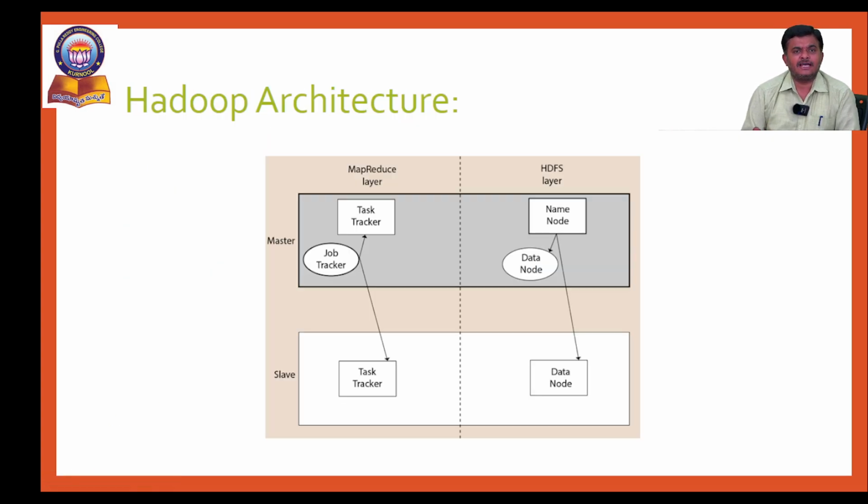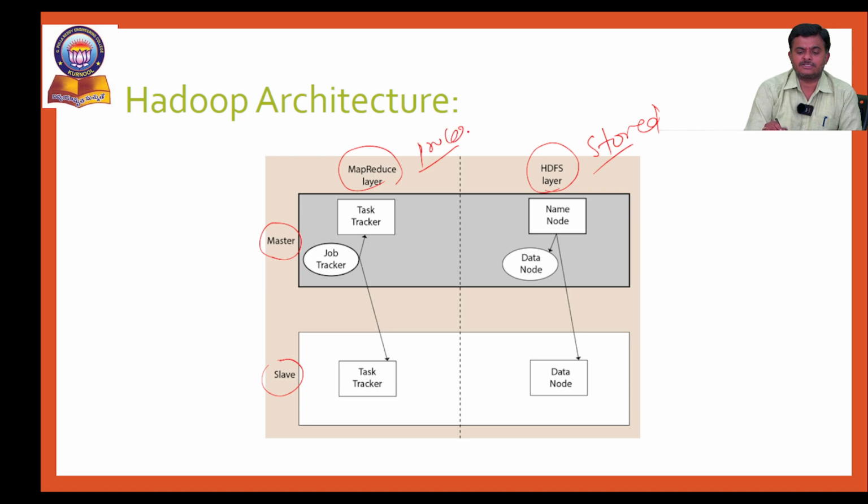Now this is the Hadoop architecture. Master is the server and slave is the client. There are 2 layers: one is the MapReduce layer and the other is the HDFS layer. This is the layer where the data is stored, and this is the layer where data will be processed. We'll have a task tracker in the MapReduce layer, which creates a job tracker, and the job tracker is again connected with a task tracker in the slave. So a master can also have a task tracker and job tracker.